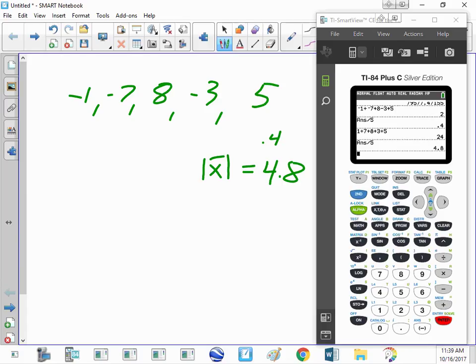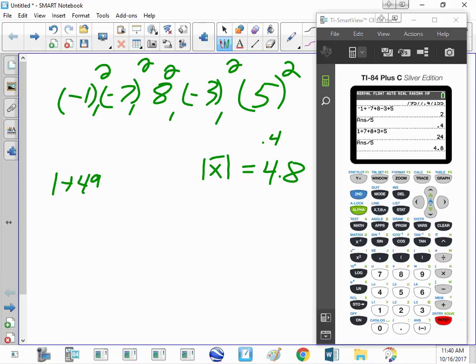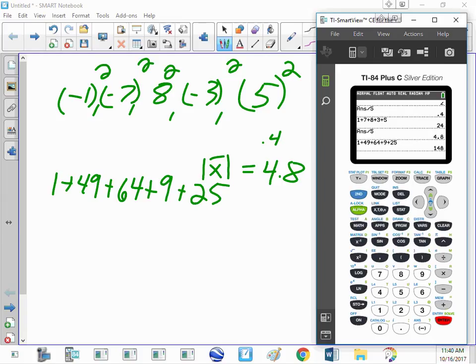Okay? But there's something called the root mean squared. So what we do is, instead of taking the absolute value, we square everything. So we go through and we square each of these. So I get 1 plus 49 plus 64 plus 9 plus 25. And now I average that.